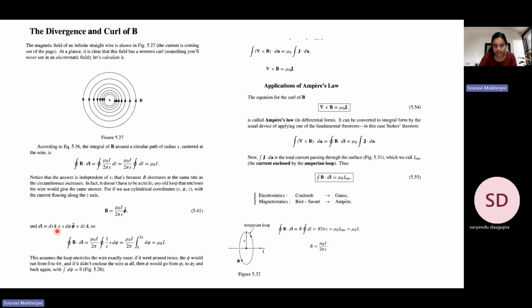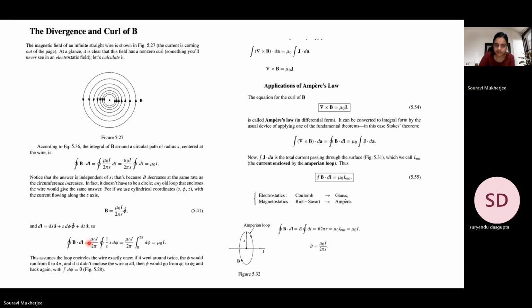So if you take any line element dl, when you do the dot product B dot dl, only the phi component will survive, and s will cancel. So when you integrate over phi from 0 to 2 pi, you again end up getting the same relation. That means the loop does not need to be a circular loop. It can be any loop as long as it encloses this current I.